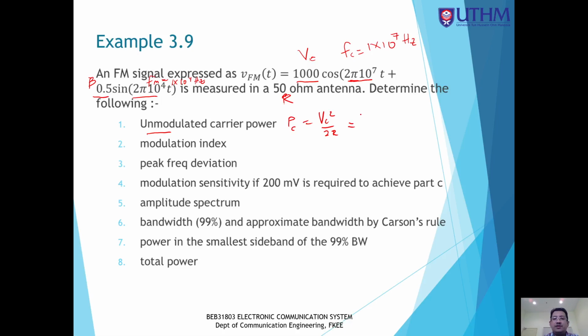So this is actually 1000 square divide with 2 times 50. How much is this? 1000 square divide with 100. So you will get 10,000. Okay, very big. 10,000.